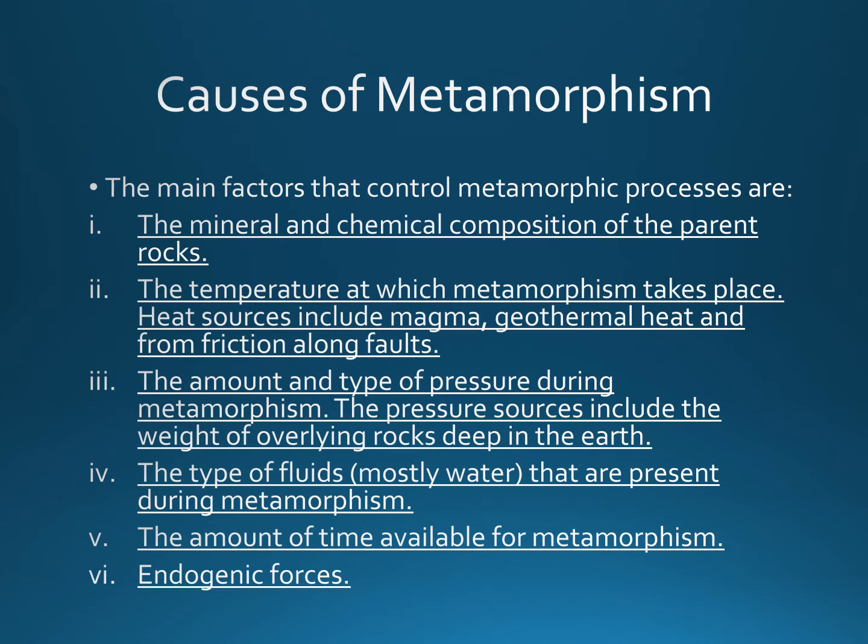Then the amount and type of pressure during metamorphism. The pressure sources include the weight of overlying rocks deep in the earth. The type of fluids, mostly water, that are present during metamorphism. The amount of time available for metamorphism, and endogenic forces.